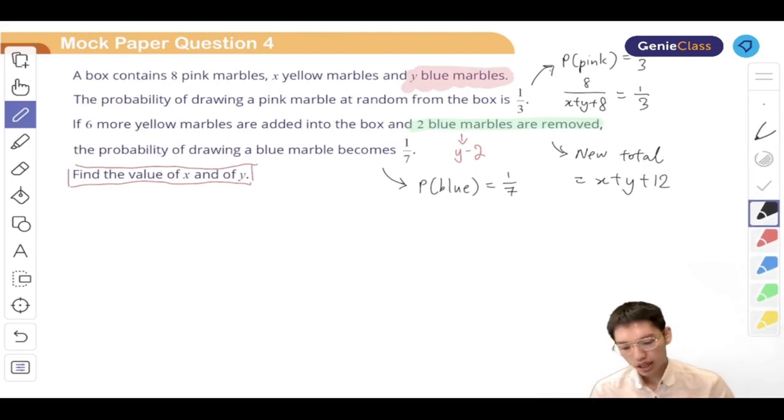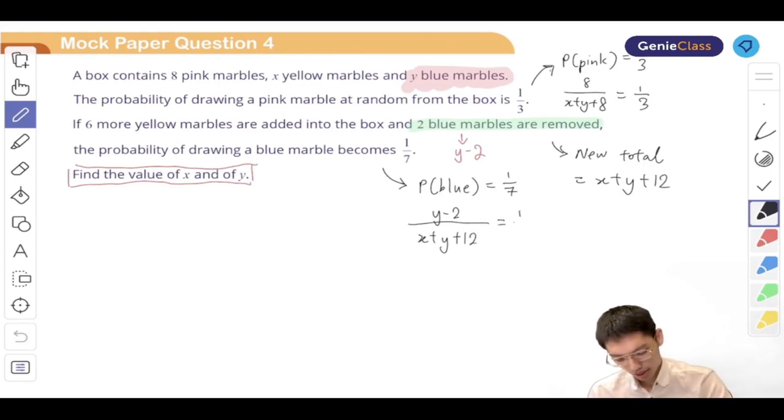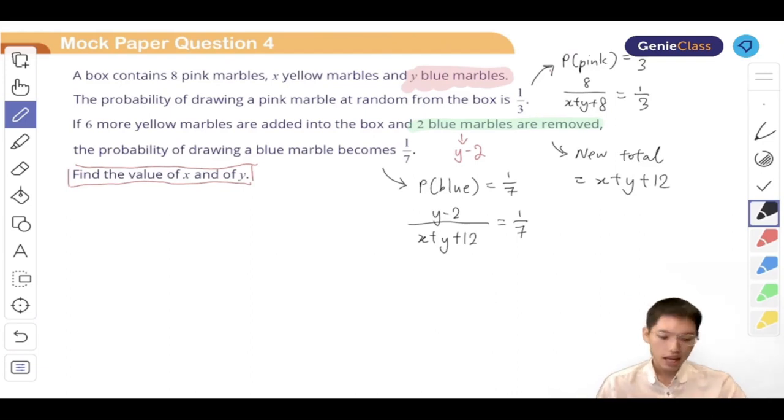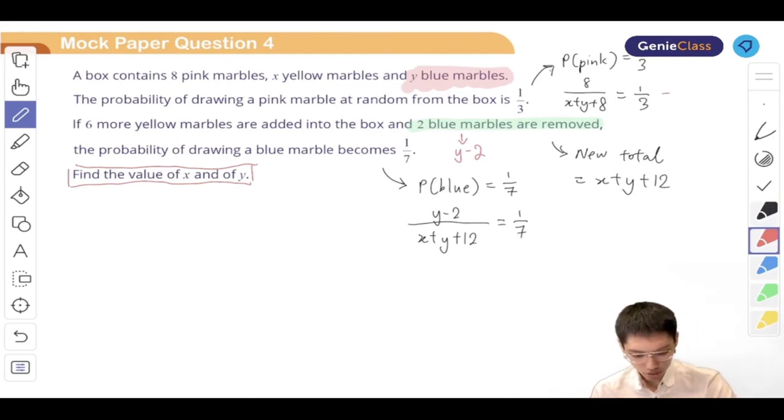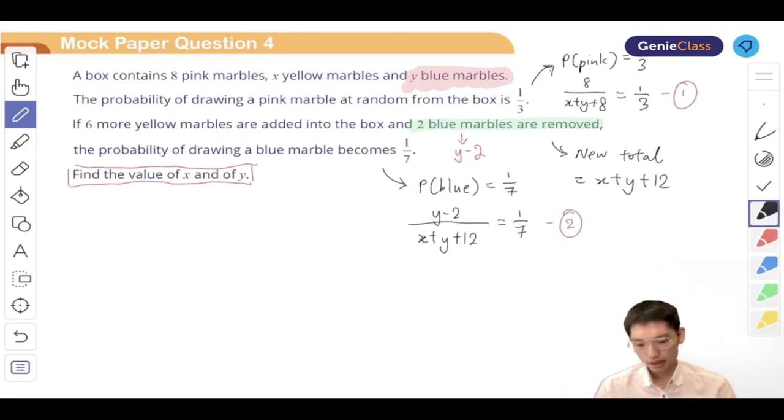So from here, I believe you all can see that we have y minus 2 over x plus y plus 12 equals 1 over 7. Then you realize, I have equation 1, I have equation 2, let's do simultaneous. But let's simplify equation 1 a little bit more.